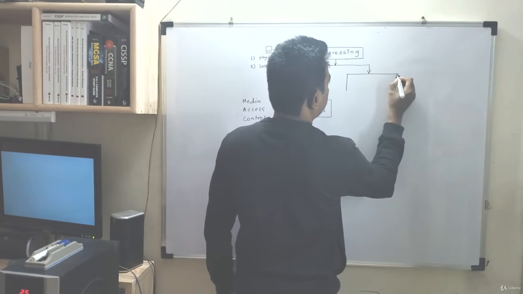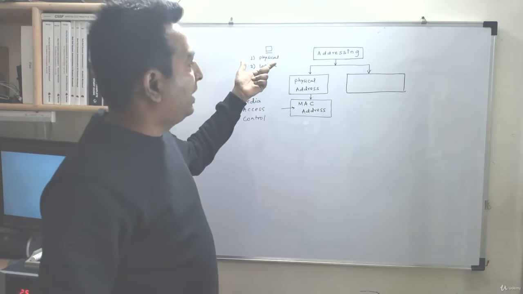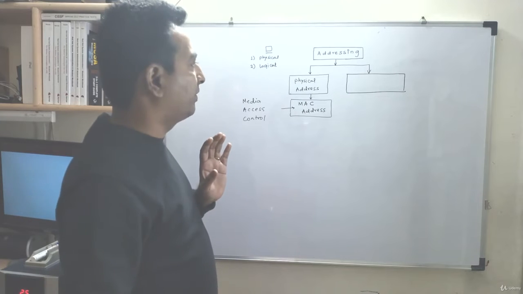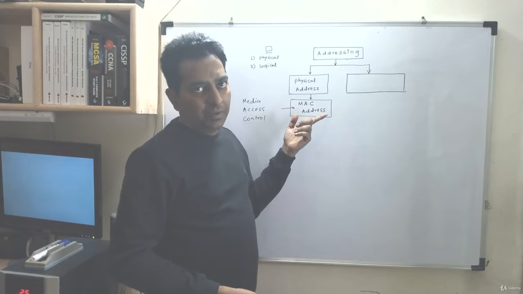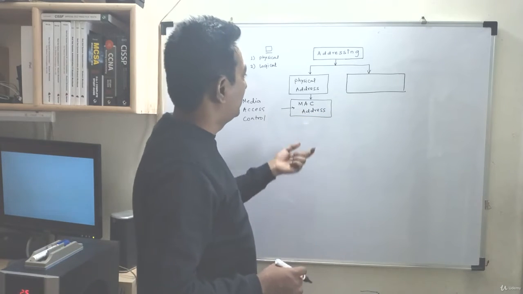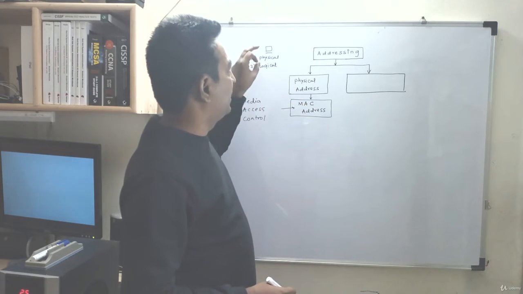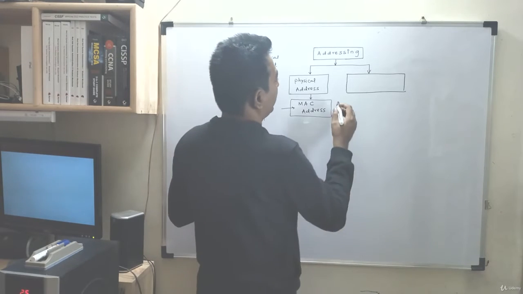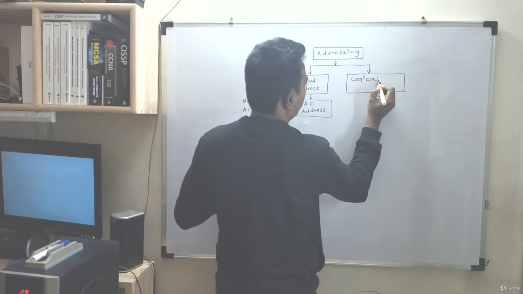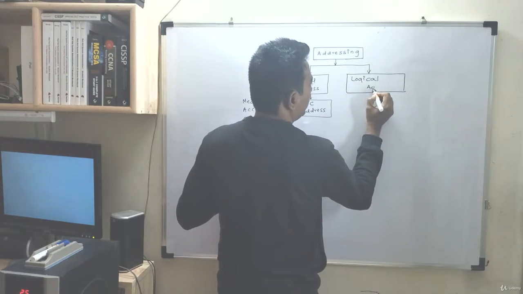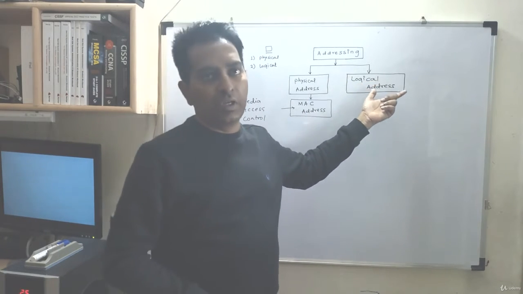The first important thing is that every computer or network device has some physical address associated with it, known as MAC address. Apart from the physical address, there is another address that needs to be assigned to a computer, known as a logical address.